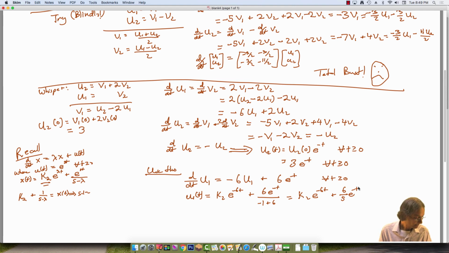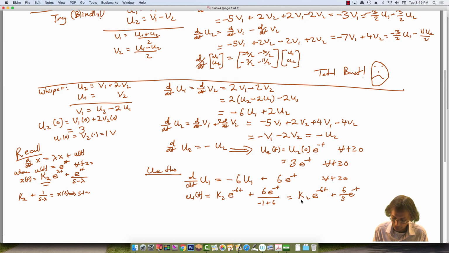Okay, it's pretty good. What is that constant? The constant has to match the initial condition. So what is u1 of 0? u1 of 0 is v2 of 0, which is 1 volt. So we need this to equal 1 at 0.